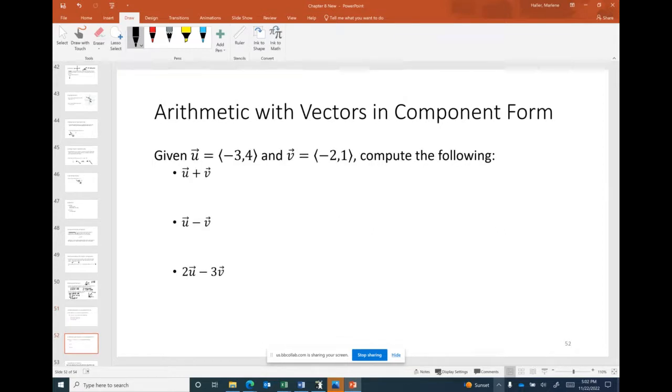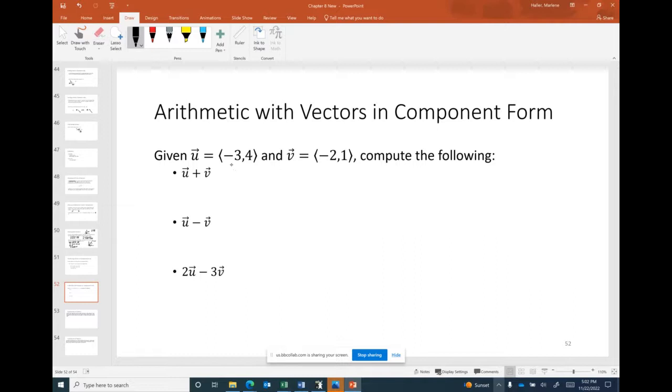All right, so let's look at some examples here. If we have a vector u that has the horizontal component of -3 and the vertical component of 4, and vector v has the components -2, 1, compute vector u plus vector v. We're just going to add these horizontal components first.